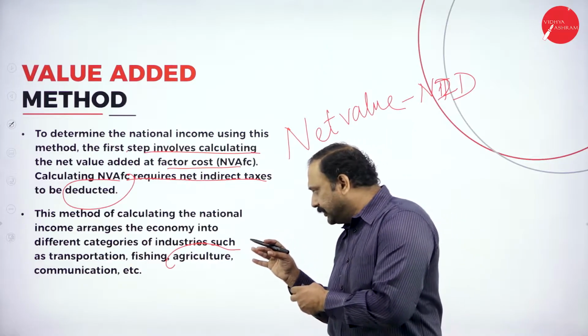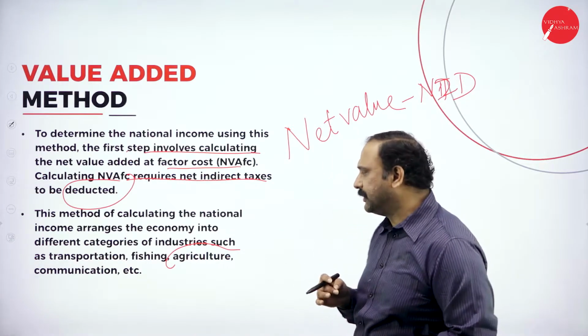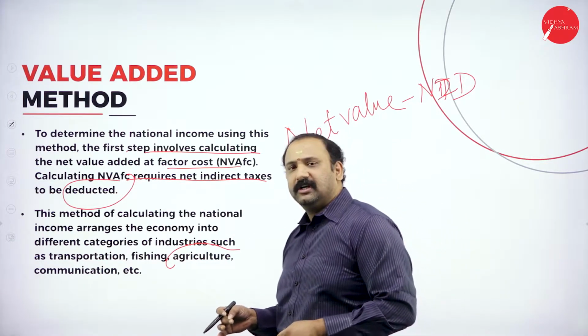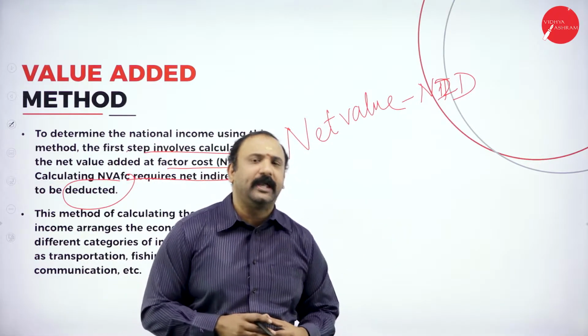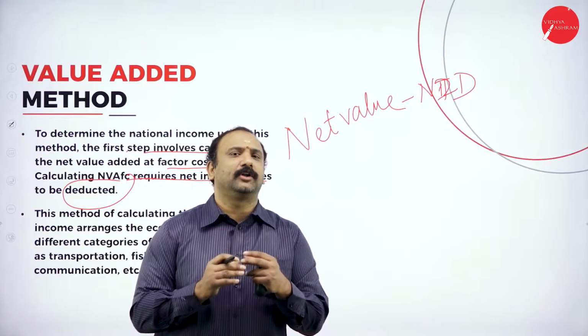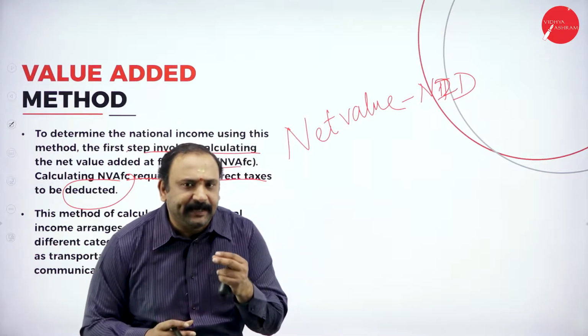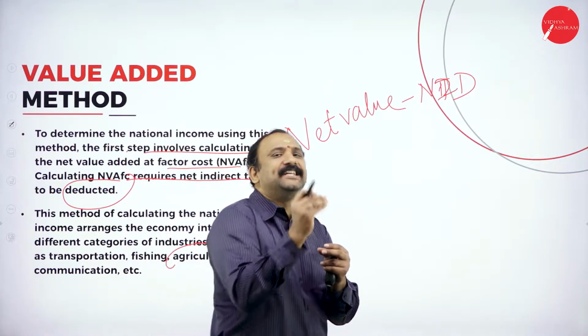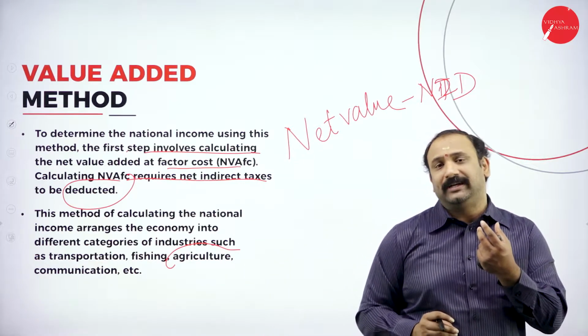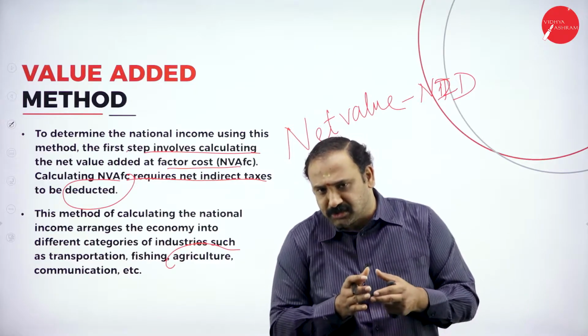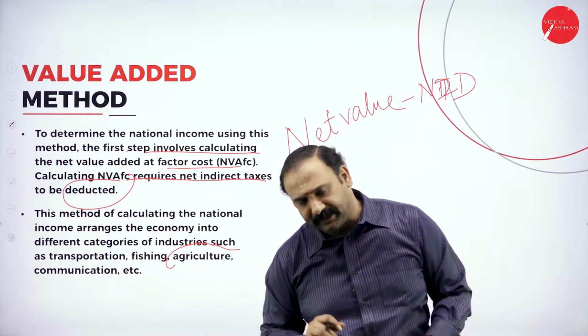When you look into industries like transportation, agriculture, communication, or the sea exports, the seafoods altogether, there is a lot of value addition that keeps happening stage by stage. This is not a one-time cost, a one-time realizable value, because there are so many factors involved in that.